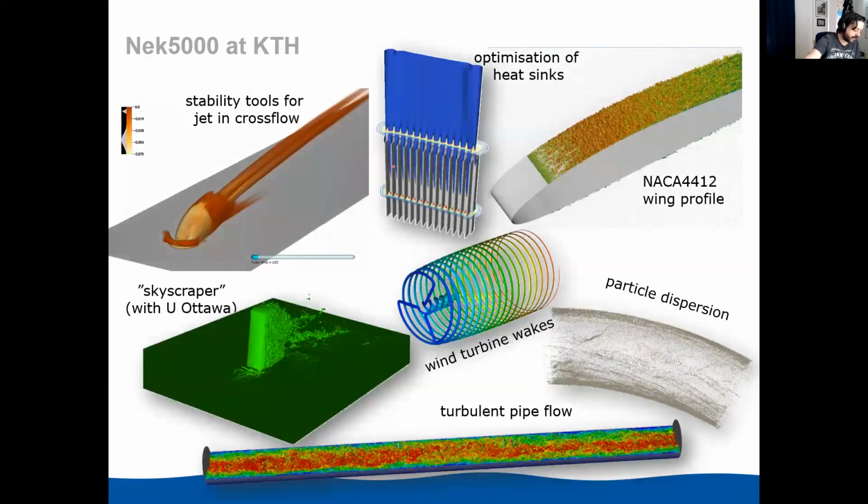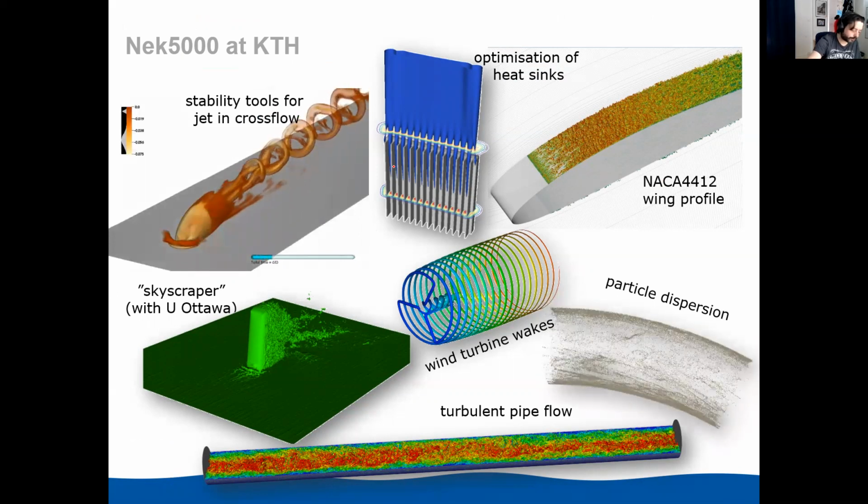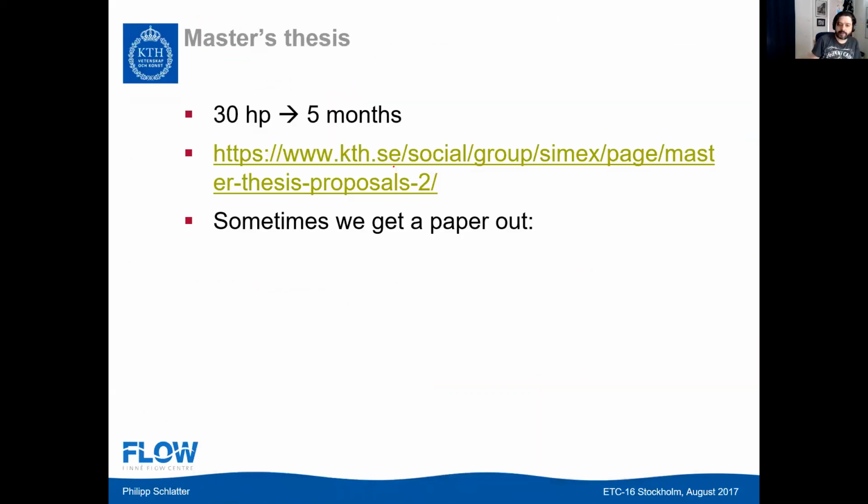But of course, there are many other simulations that we do if you're interested, maybe for some project work. And that's maybe the last two things that I would like to mention regarding that. If you want to continue, there is the possibility to do master thesis work with us. I guess it's 30 credits, which then lasts for 5-6 months.